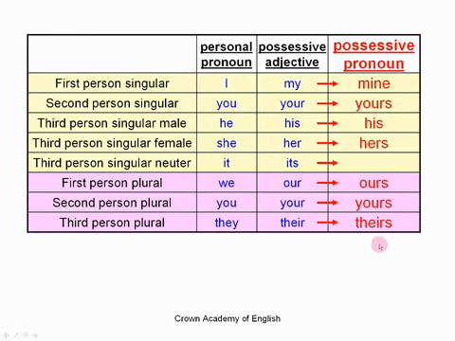So here is the summary of the list of all the possessive pronouns in English. So, mine, yours, his, hers, ours, yours, and theirs. Okay? So this table is very important.